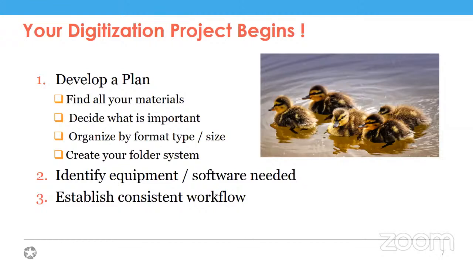Once you have all of your materials, the next thing you're going to need to do is decide what is important. What is important enough or special enough to be worth the effort to digitize? What meaning does it hold to you? Let's say you have a shoebox of all of grandma's old papers and correspondence. Something like a love letter from her beau that was away during war might be a really interesting thing to scan and keep.